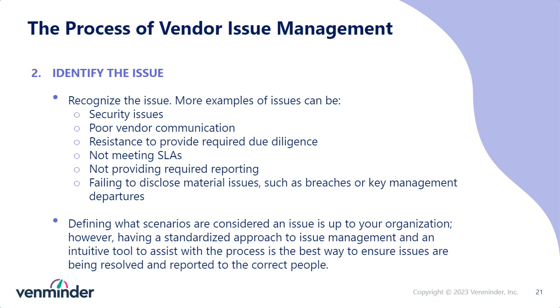We need to make sure that we cover the whole gamut of which scenarios are going to be considered an issue. And that's really up to your organization. But having a really standardized approach and a tool to assist with the process is really the best way to make sure that issues are captured, that they're tracked, and they're being resolved.